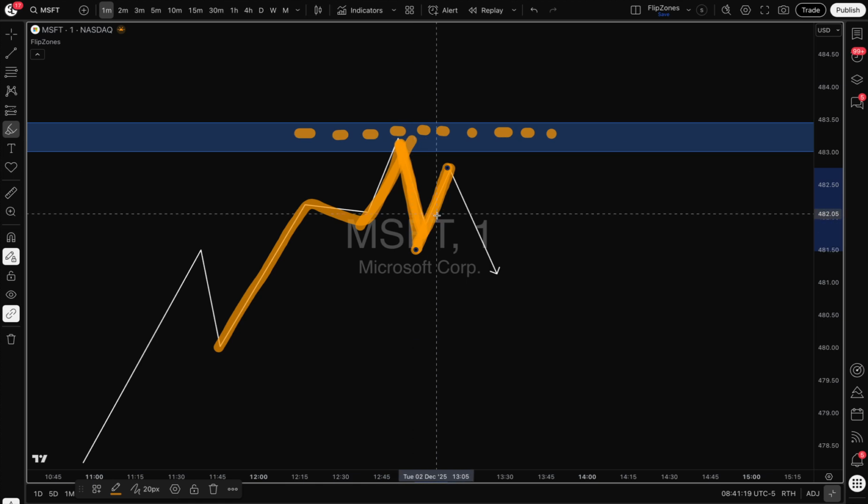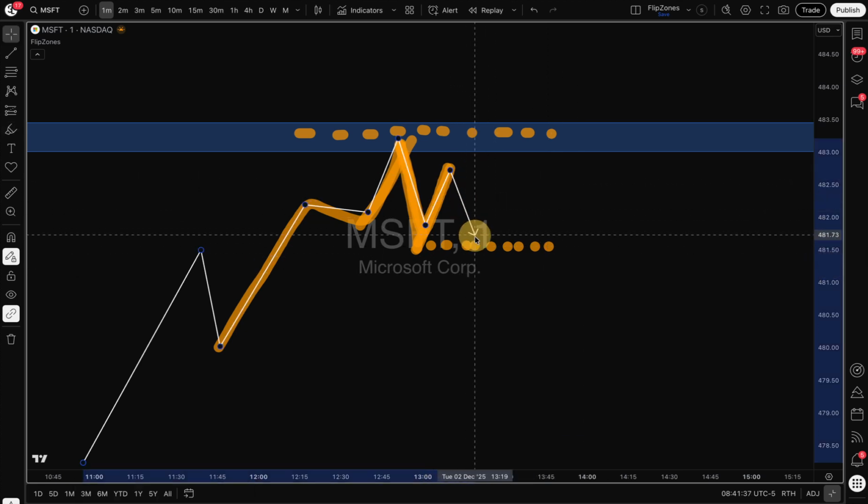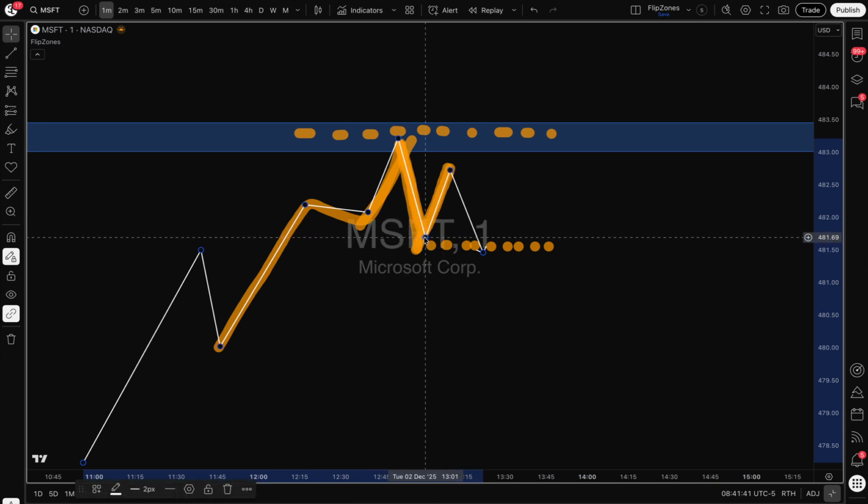That's because I don't want to see buyers being strong enough to make another high. I want them to try to break the high, but I want them to fail. And my entry point will be if sellers regain control and break below this temporary swing low that was created.